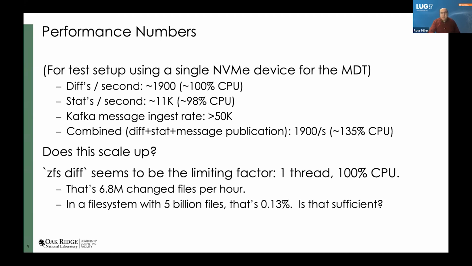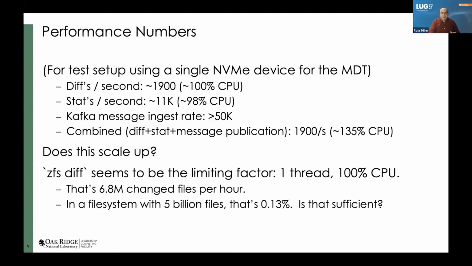That pegged the CPU, and it looks like zfs diff is a single threaded tool, so we could only use one CPU core. As far as stats go, we were able to do 11,000 a second, so that was no problem. And our Kafka message ingest rate was better than 50,000 a second. And that was without much in the way of optimizations, because at this point, it just didn't matter.